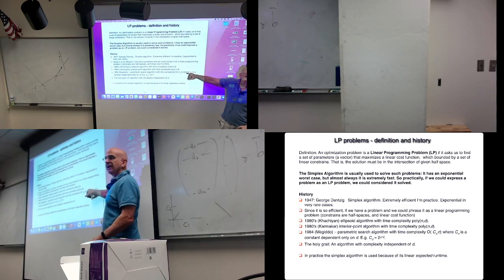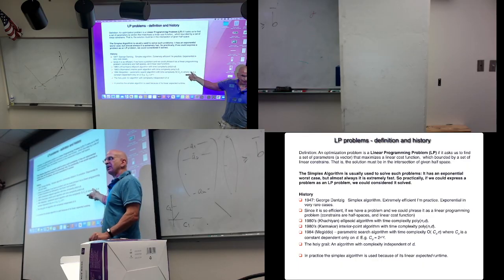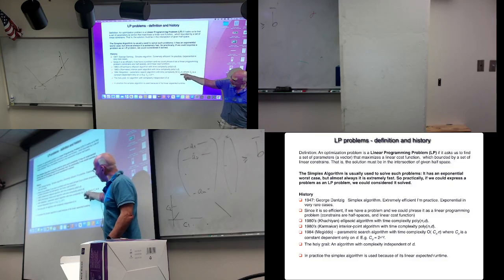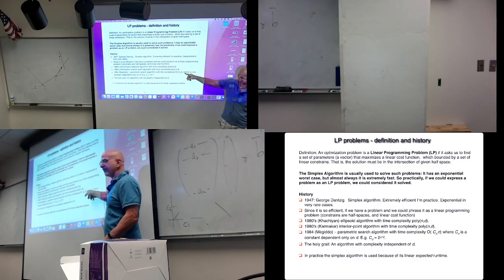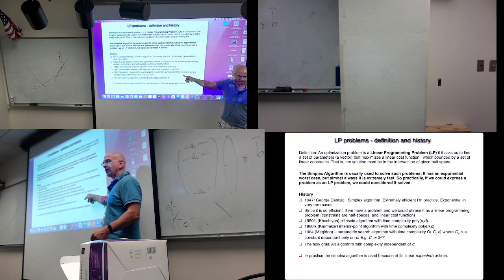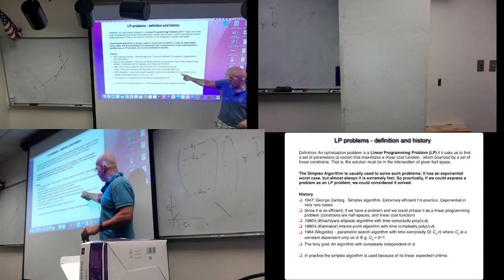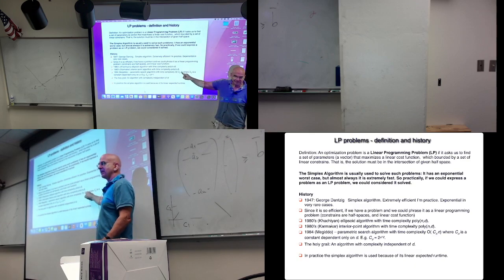What about going back down to lower dimensions? In 2 dimensions, can I solve linear programming in linear time? Yeah, Nimrod Megiddo gave a really, really complicated algorithm that runs in linear time in any fixed dimension. And this algorithm puts the theoretician in a somehow strange light, because it runs in linear time in any fixed dimension.